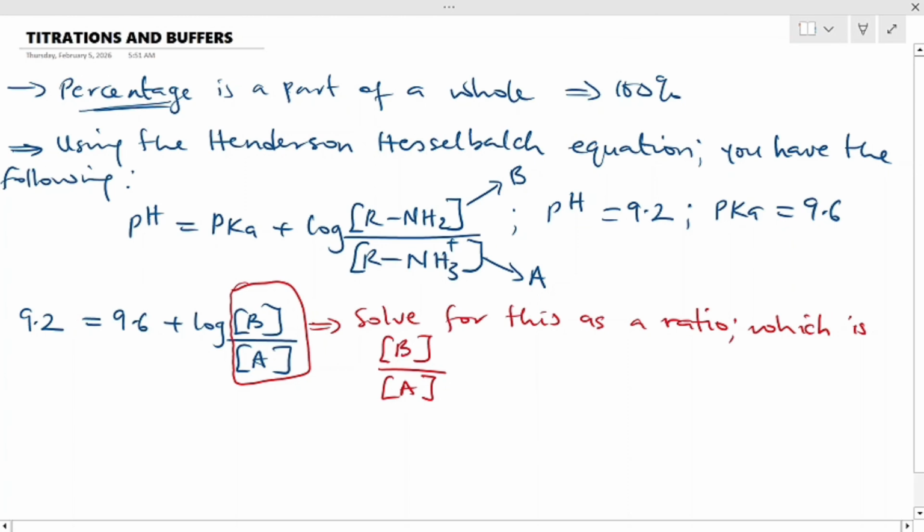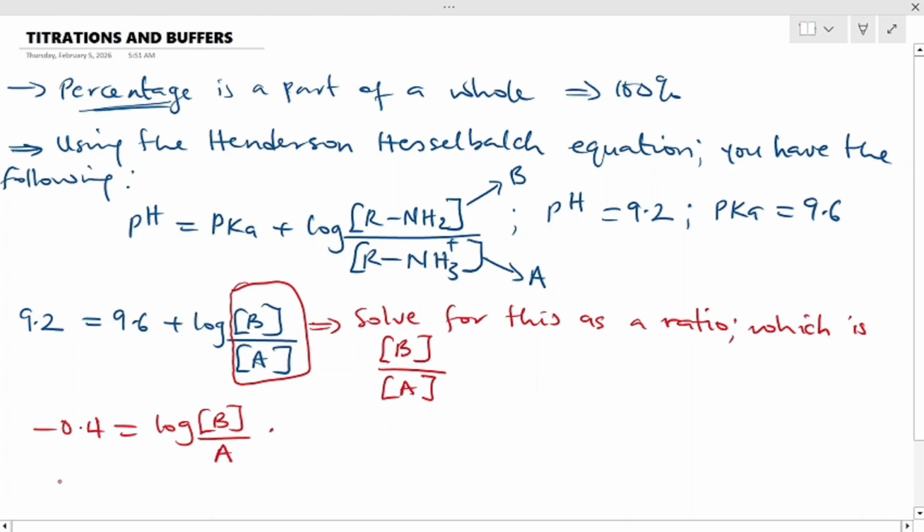All right, so if we do that, taking the numbers to one side, you have 9.2 minus 9.6, which is minus 0.4, is equal to log concentration B over A.